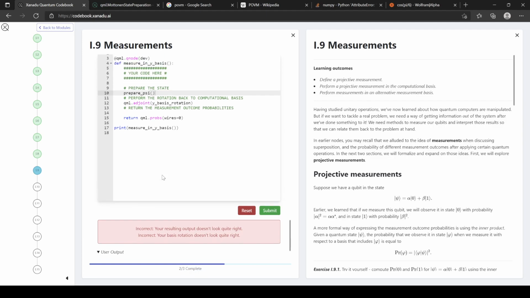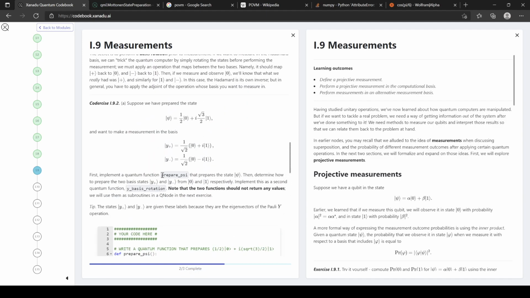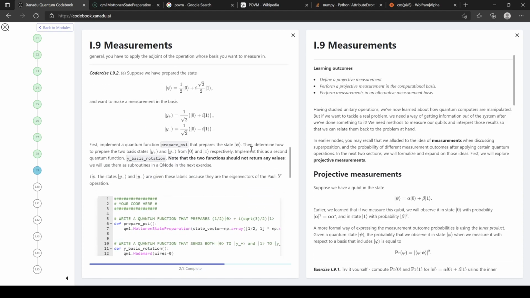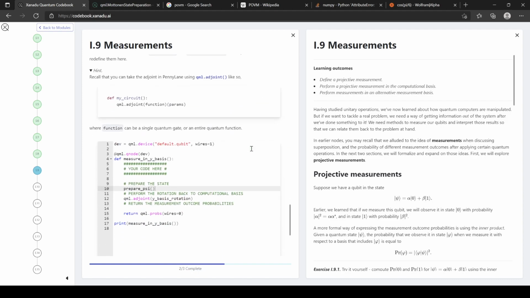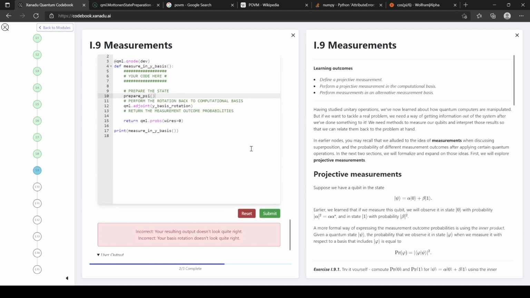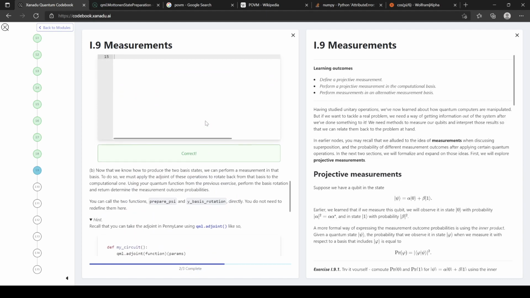What's the output supposed to be? No, is it because we want to measure in this basis? So maybe I'm measuring in a computational basis instead. What is going on here?